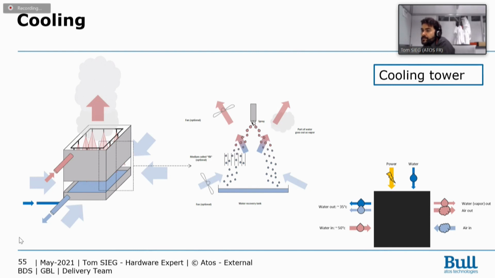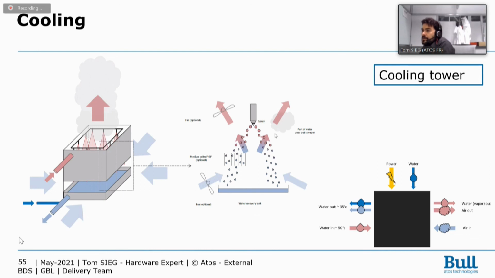We will spray this water into the air in a container area, and we have some fans to optimize this exchange. So we will greatly optimize the heat exchange between the water and the air.